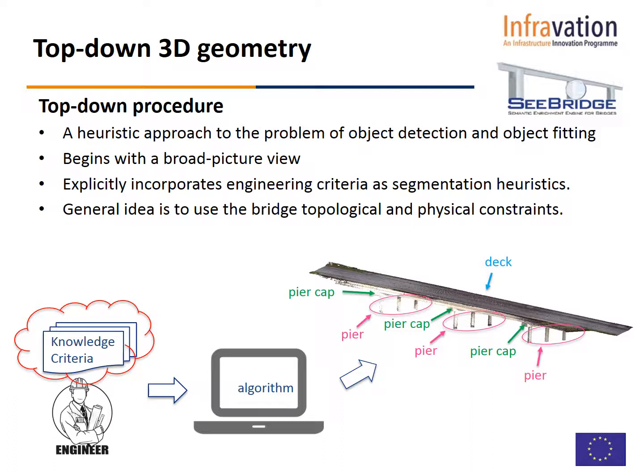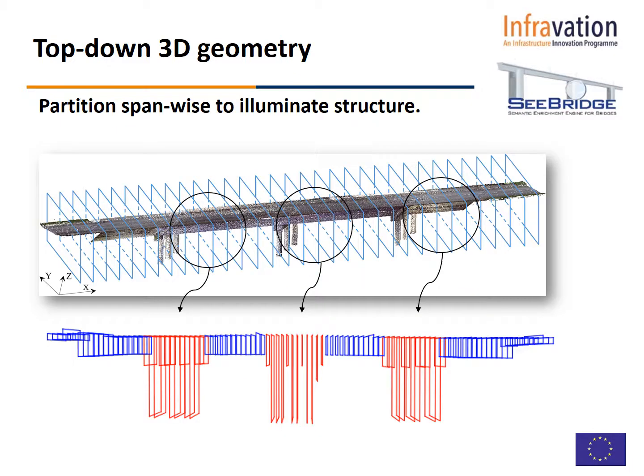The way we build a bridge is the same way we would deconstruct it, maybe in reverse. The kind of knowledge we have is that piers support the bridge, therefore they should be under the road, right? The abutments connect back to the earth, so we should expect them to be at the edges. Things like that are used in the top-down procedure.